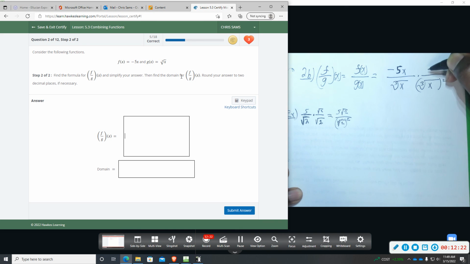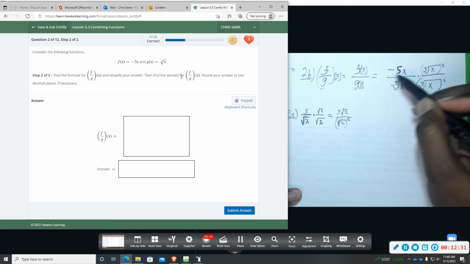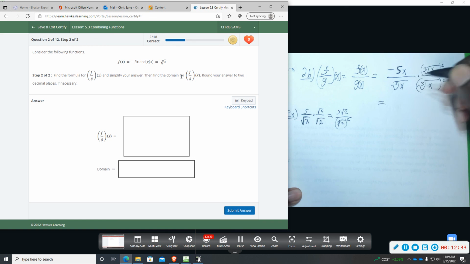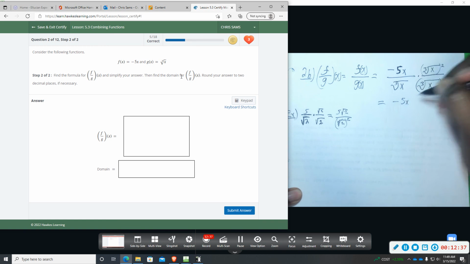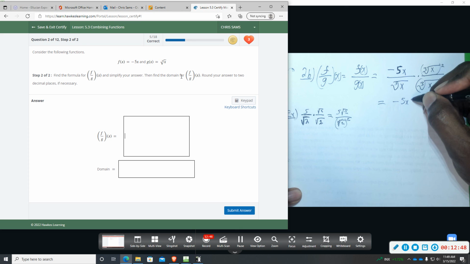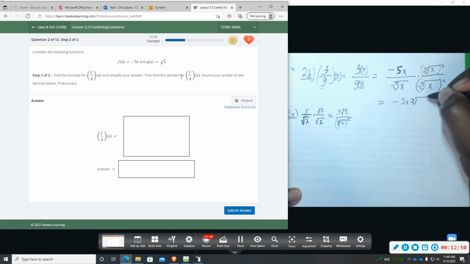All right, so up here I'm going to be doing the cube root of x squared. All right, and then when I simplify that, I'm going to get a negative 5x, and this is interchangeable. That x can be squared on the inside or on the outside. It'll work the same. So I can say a negative 5x, and I will just say cube root of x squared.